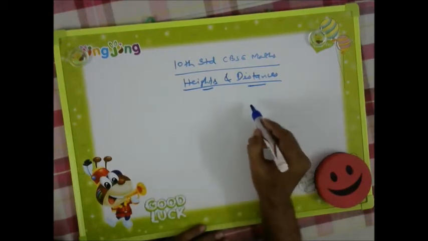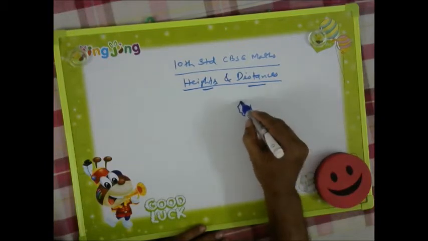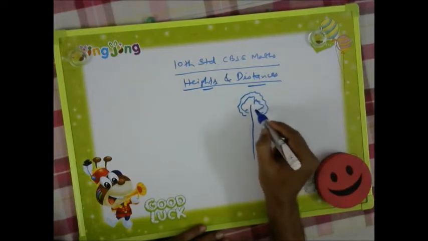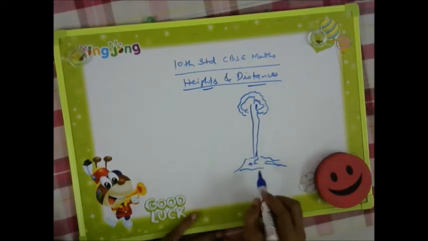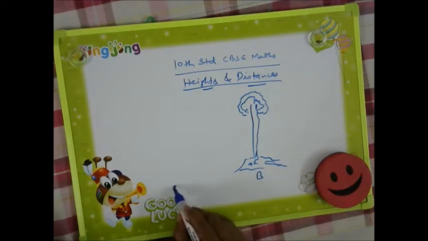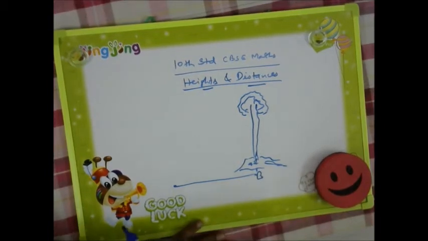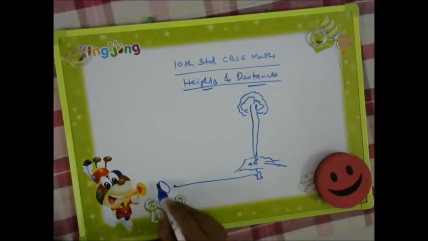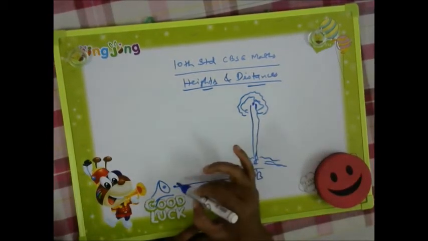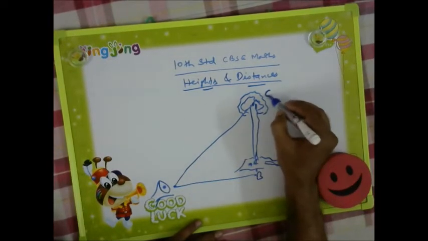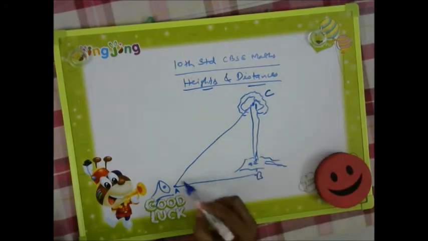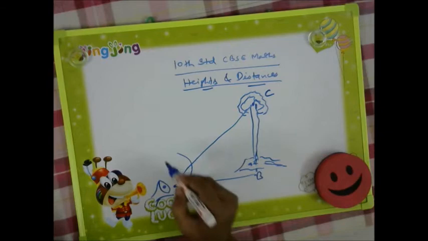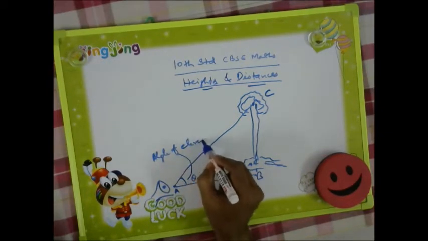Suppose this is a tree, and on ground it is standing here, and suppose this is at point B. Now from here, if suppose we see the top of the tree, this point suppose C, and this point suppose A. If we are keeping our eye at this point A and we see at the top of the tree, then this angle will be called angle of elevation.